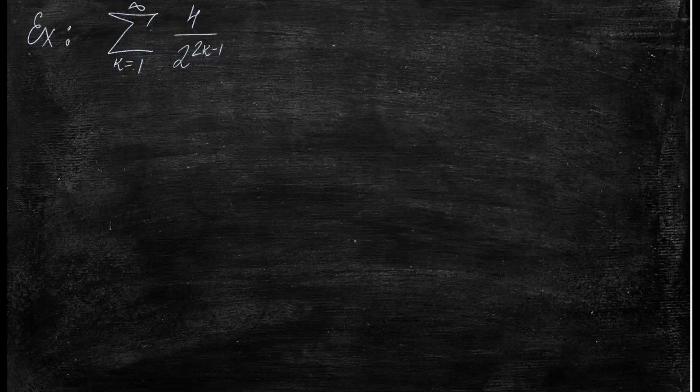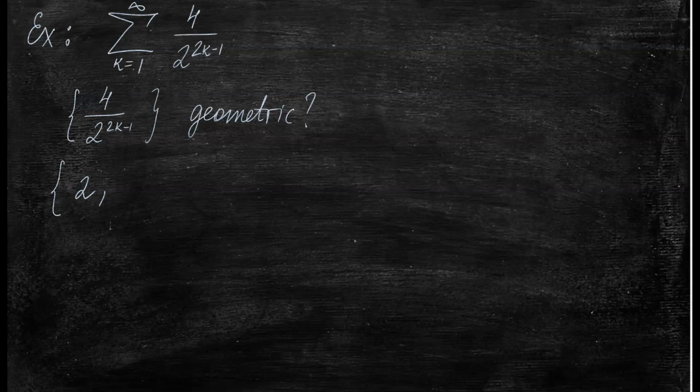Now, how do we know that this is a geometric sequence? Because this is the main concern here. Is this geometric? One way is to try to write a few terms of the series. So when k equals 1, we have 2.